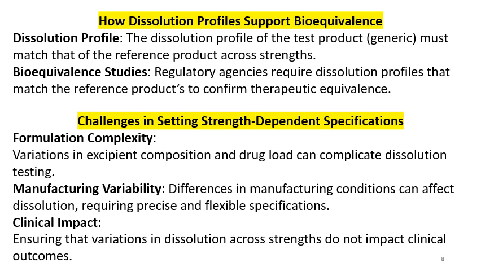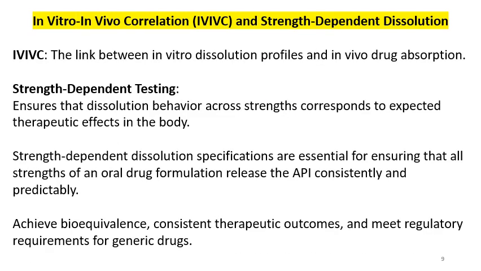Differences in the manufacturing conditions can affect dissolution, requiring precise and flexible specifications. Clinical impact: ensuring that variations in dissolution across strengths do not impact clinical outcomes. So this is the challenge, how to prove that there is no clinical impact though the release profiles are different.